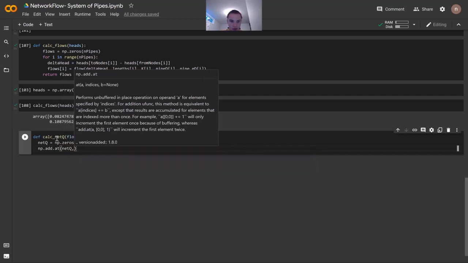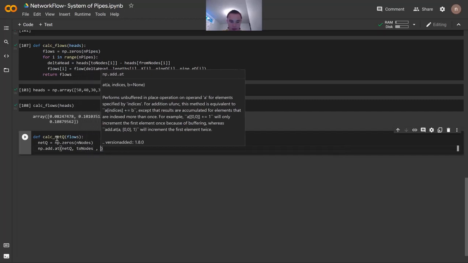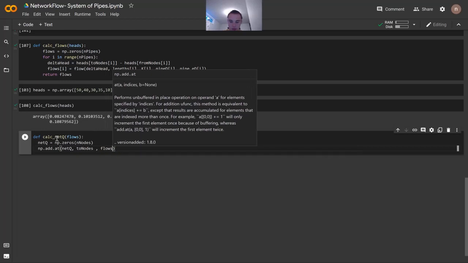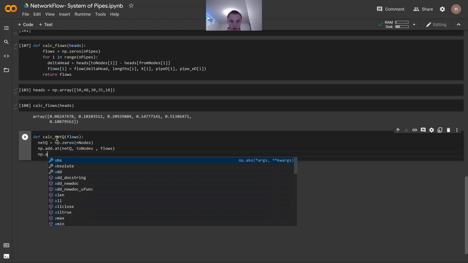For our net flow, we have our indices. In this case, for our to nodes, we're going to add them to our flows. So we'll have our to nodes for flows, and then we're going to subtract our from nodes.